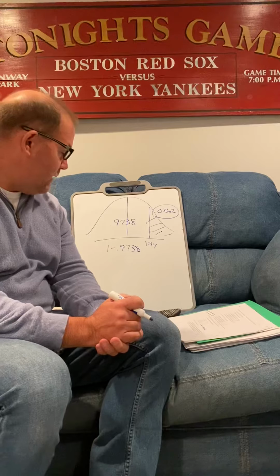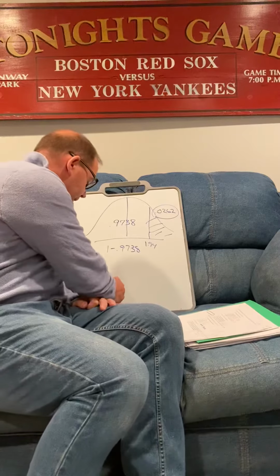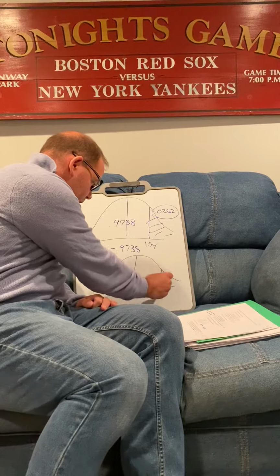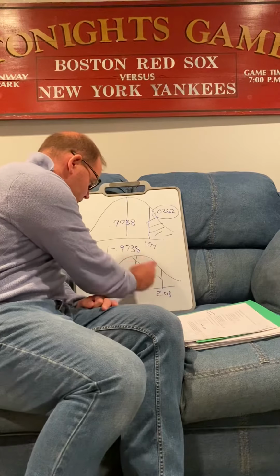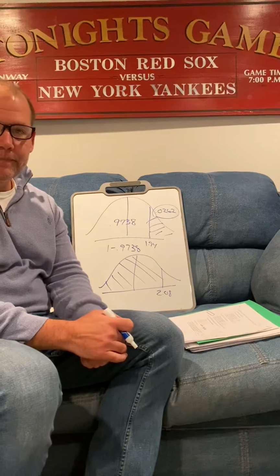We're going to jump down to number 3, which says find the area to the left of a z-score of 2.08. This time I'm shading my curve to the left.